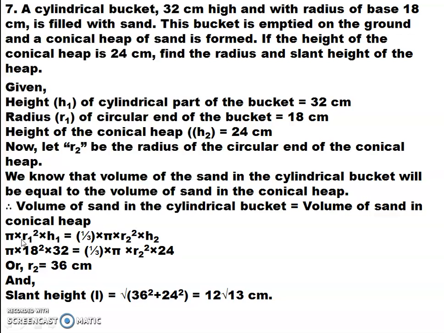We'll take the radius of cylinder as r1 and height of the cylinder as h1, radius of the cone as r2 and height of the cone as h2. So, using the formula for volume of the cone and volume of the cylinder, we will get pi 18 square into 32 is equal to 1 by 3 into pi into r2 square into 24.